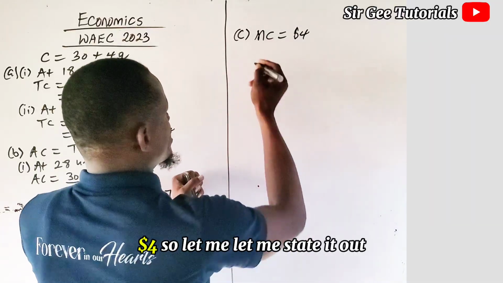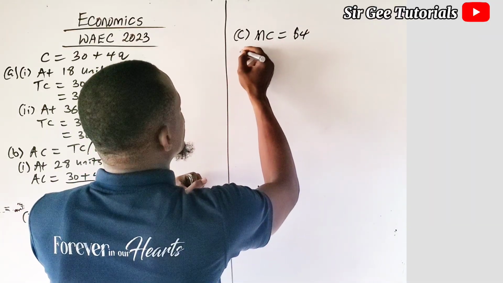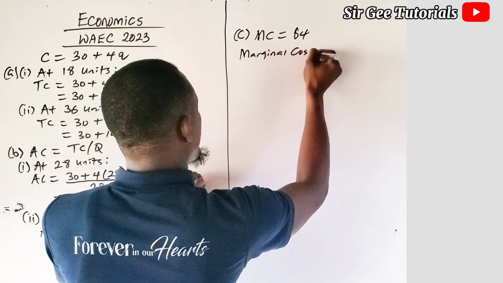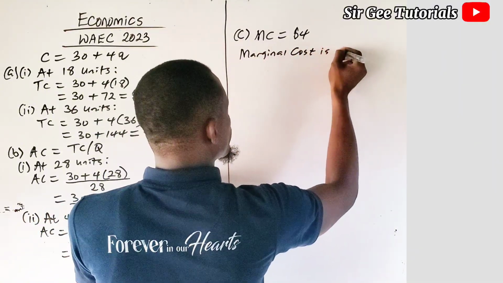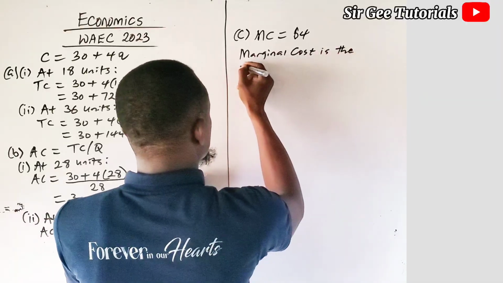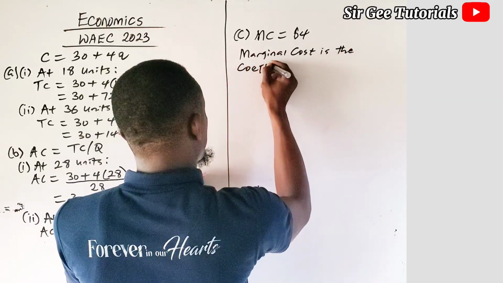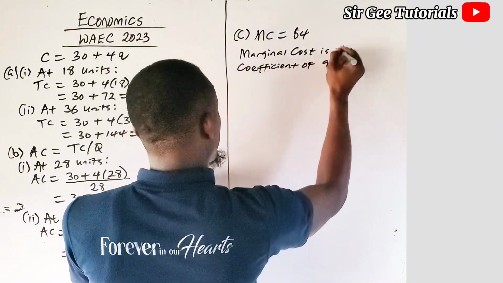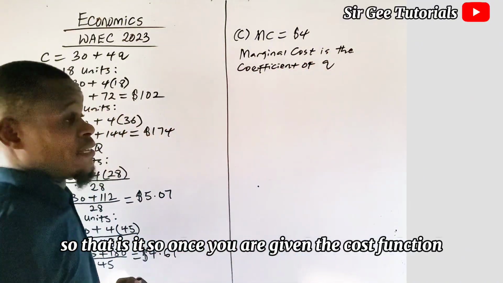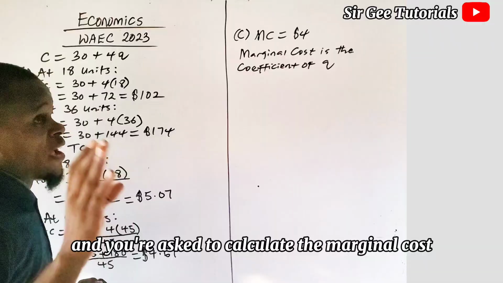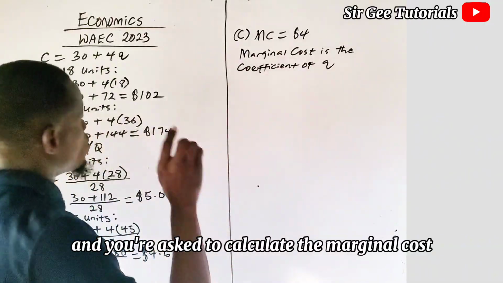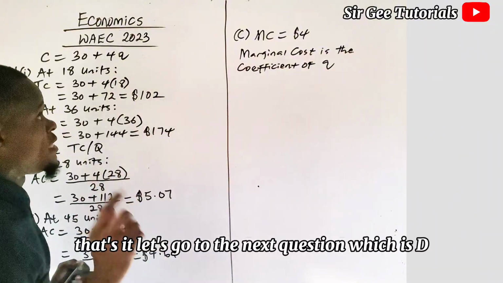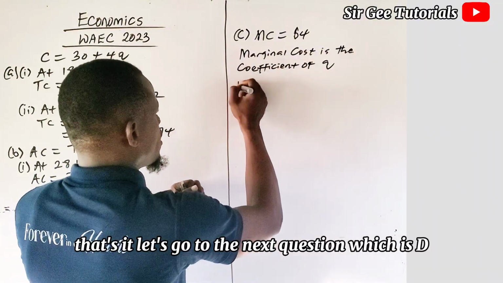So that is it. Once you are given the cost function and you are asked to calculate the marginal cost, the marginal cost is the coefficient of Q. That's it. Let's go to the next question, which is D.